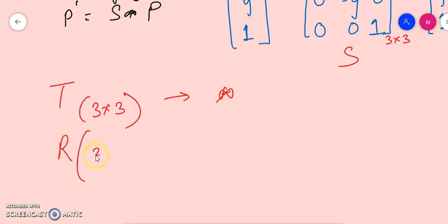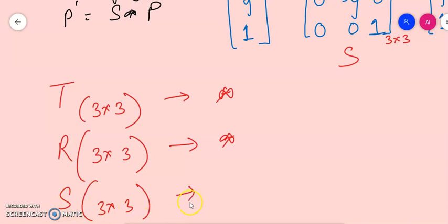My rotation matrix is again a 3 cross 3 matrix with the operation as multiplication. My scaling matrix is again a 3 cross 3 matrix with the operation as multiplication. And my point matrix is a 3 cross 1 matrix.